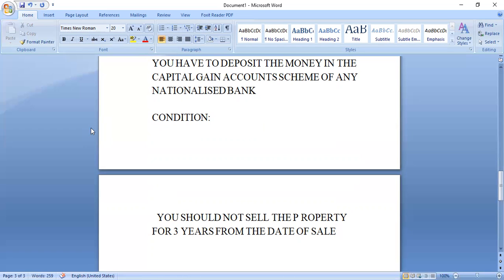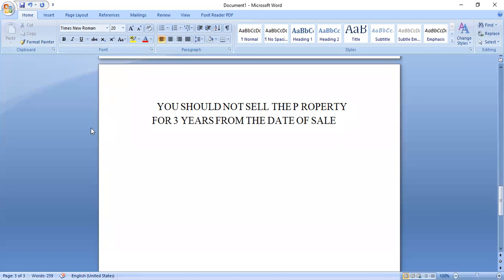This is how to get benefit under section 54. Now, another section that you have to learn is section 54B.